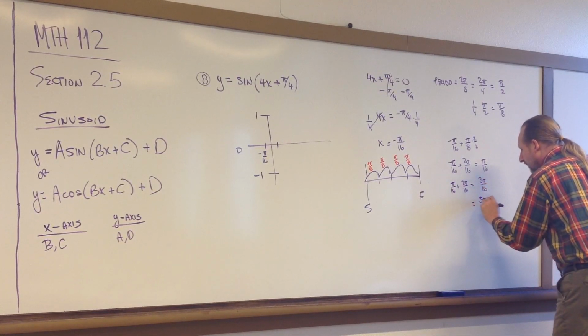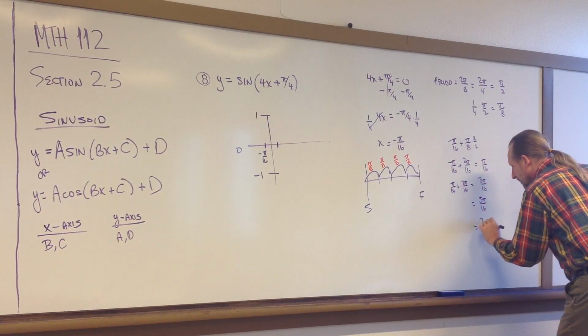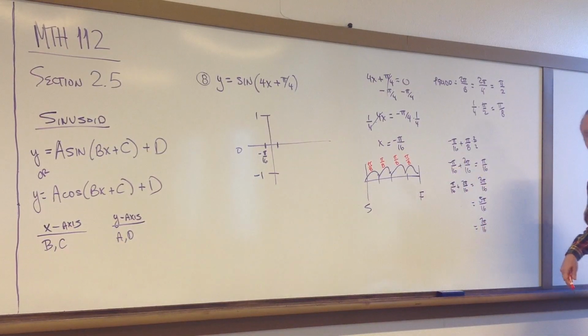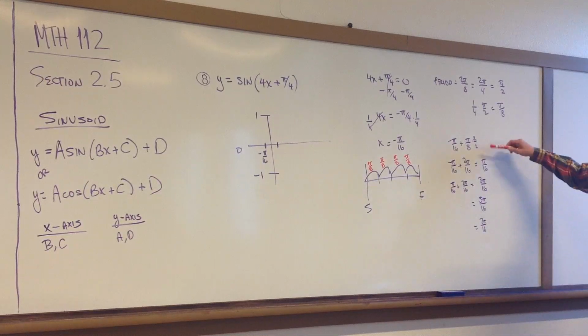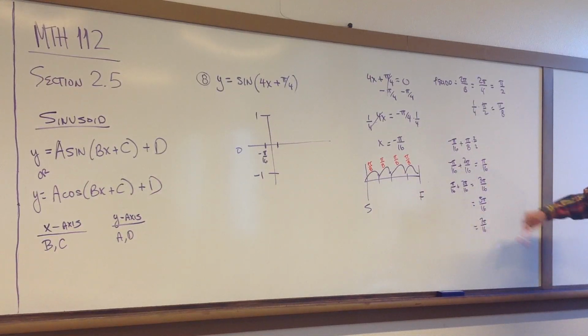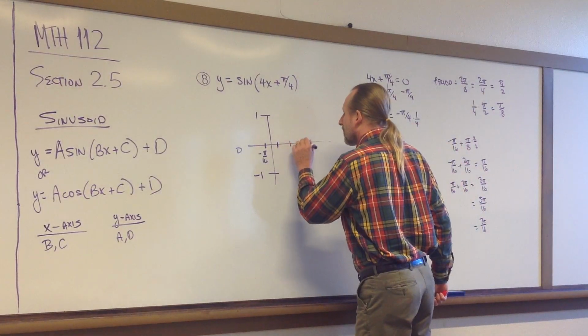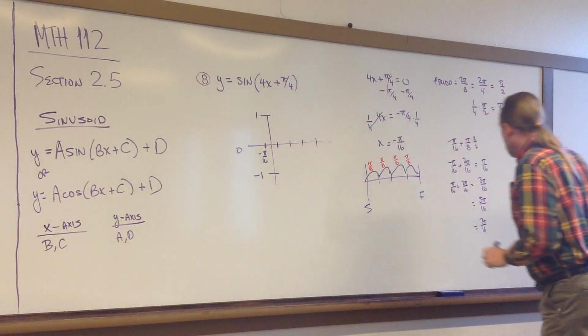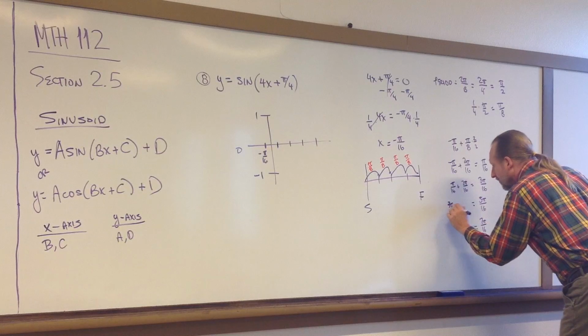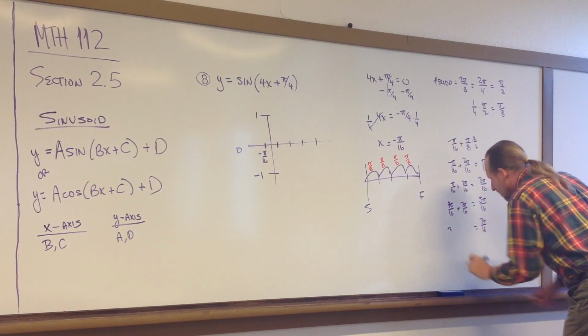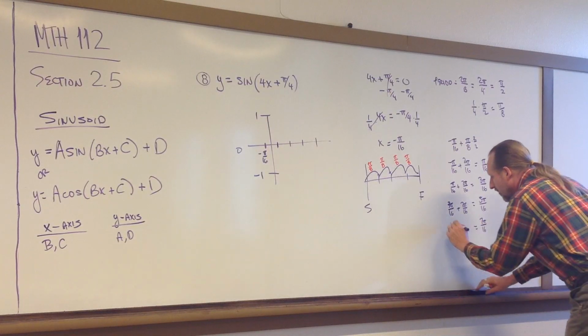And if you get comfortable with this, you can kind of skip some of the work and just count, as long as you've got your denominator set up correctly, 1, 3, 5, 7 pi over 16. Okay? And again, that all just comes from adding that 2 pi over 16 on each time.